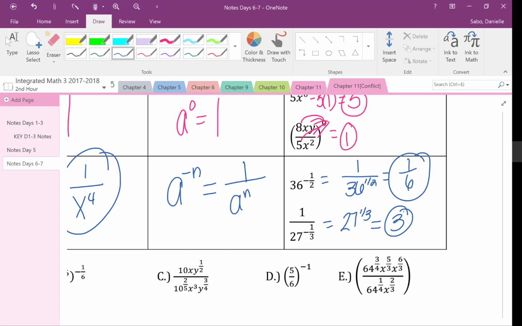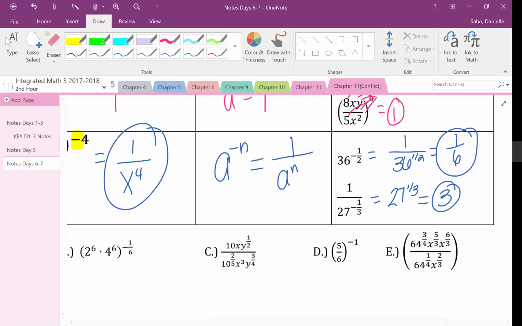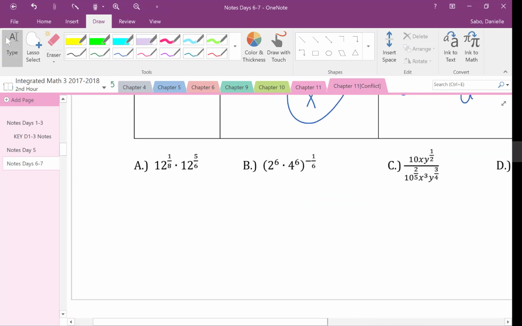All right, here we go. We're only going to do a couple of these. I need to do what for letter A? Yes, I need to find the common denominator because what am I doing with the exponents? I'm going to add them. They have the same base, so I'm good. Make sure that you're looking for that.